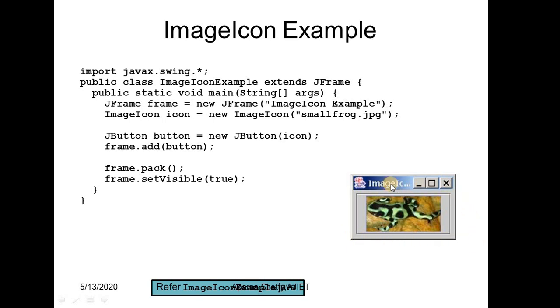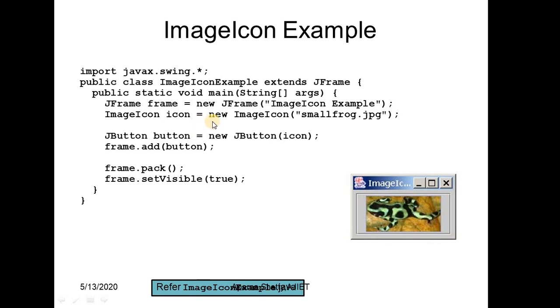Next I'm creating a new ImageIcon. Here I'm creating a new icon of type ImageIcon. The file name of that icon is smallfrog.jpeg.